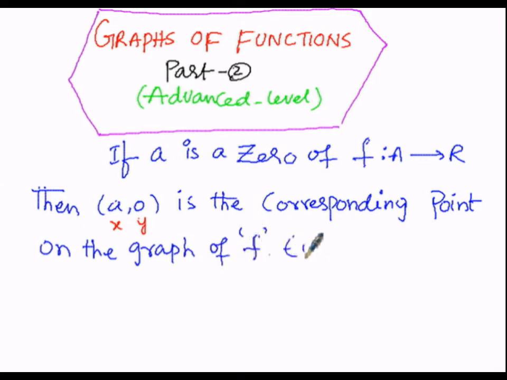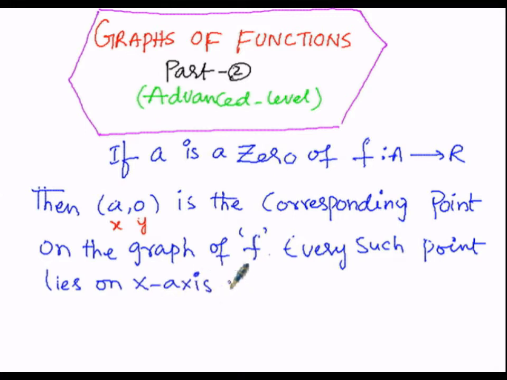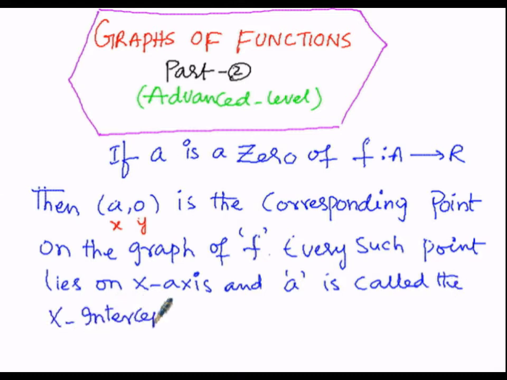Then every such point, such as (a, 0), if the y coordinate is 0, lies on the x axis, and the x coordinate, which is nothing but a, is called the x intercept of that particular graph.